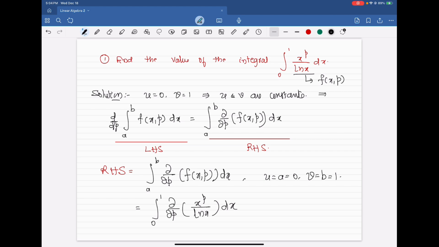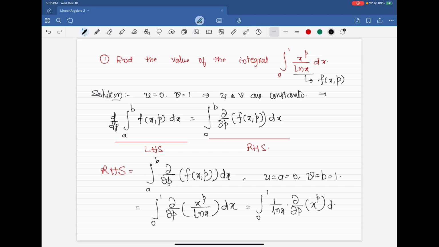This will be nothing but, here x is treated as constant and p is treated as variable in the right hand side. Now, this will become 0 to 1, 1 by ln x into dou by dou p of x to the power of p dx.